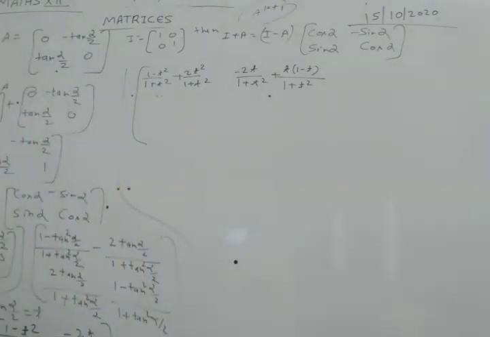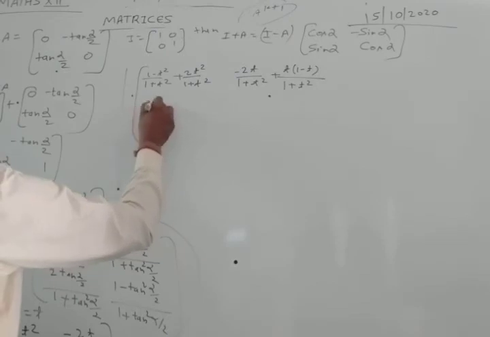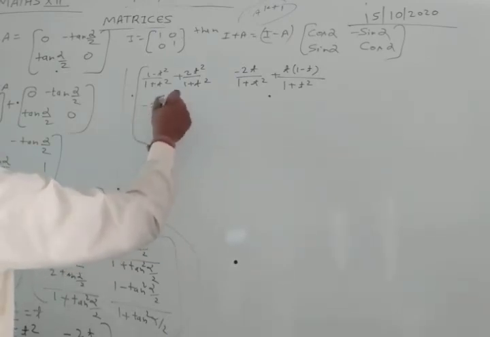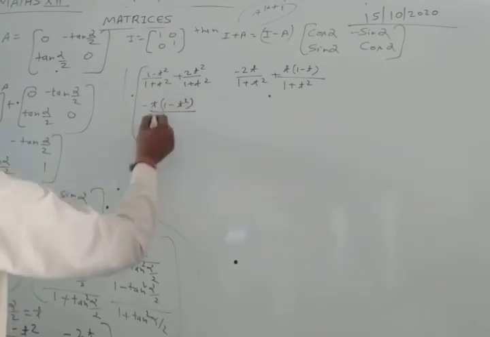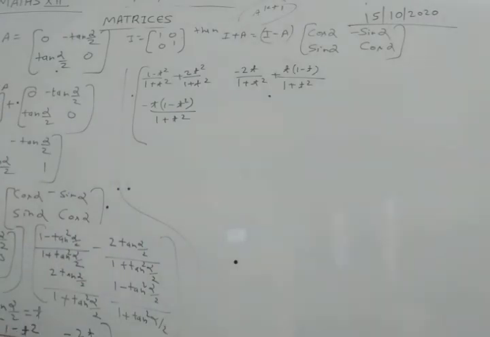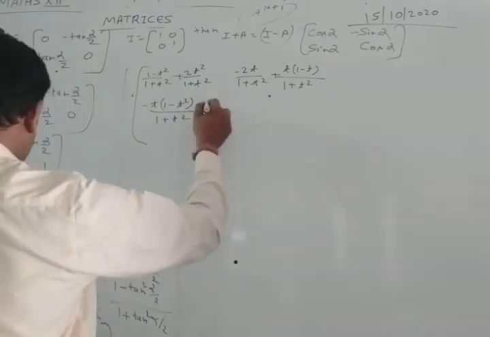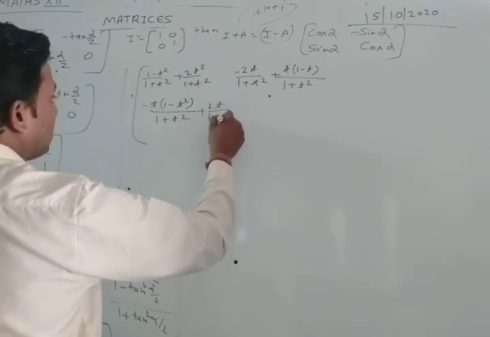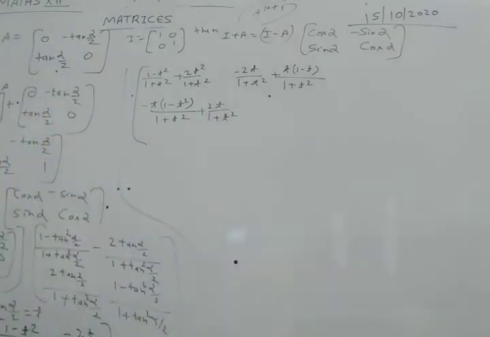Now again multiply this term with this, minus t, 1 minus t square upon 1 plus t square, and this term 1 plus 2t upon 1 plus t square. Okay, now again multiply this by this.